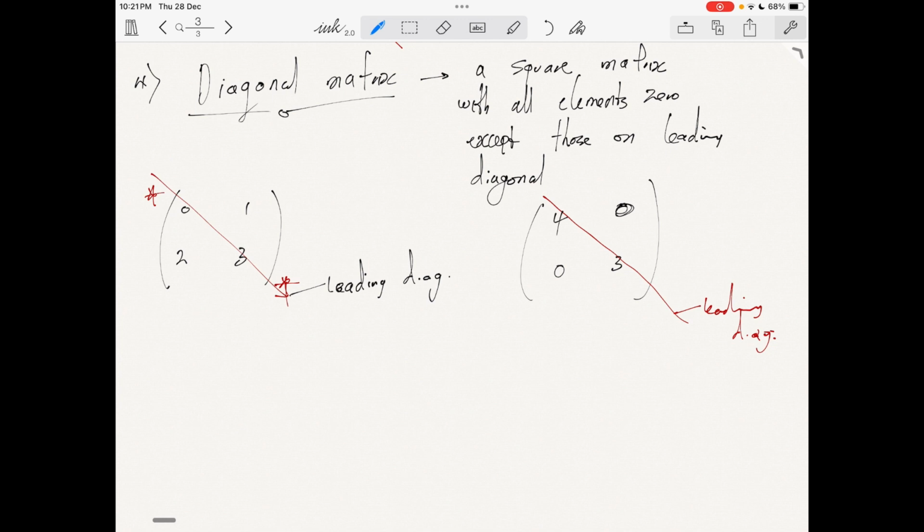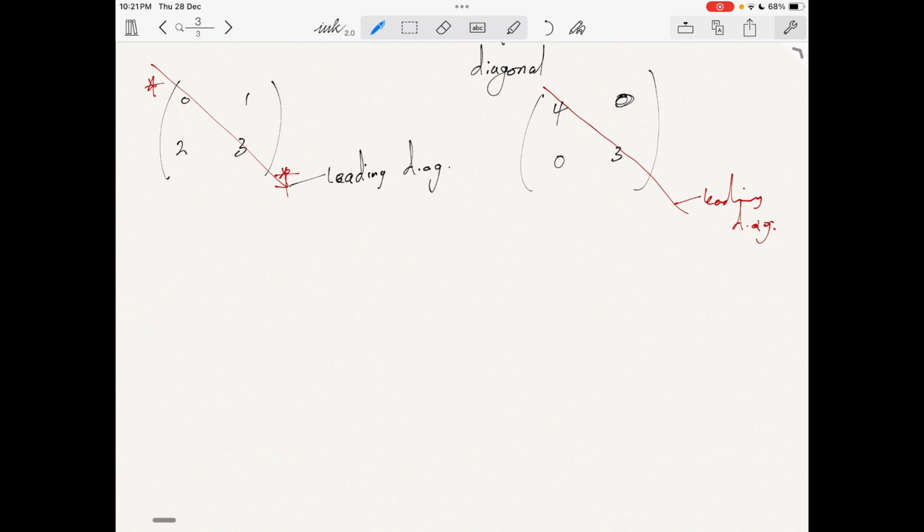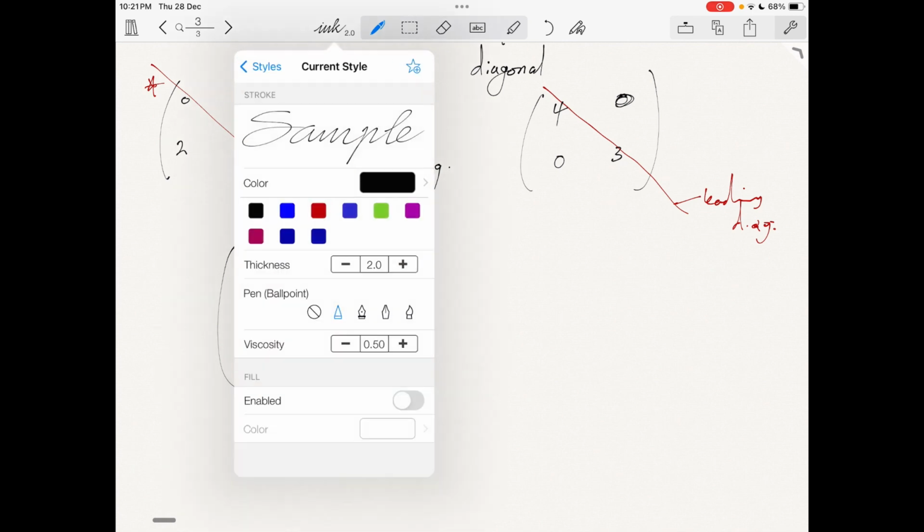So we can also have a leading diagonal in a 3 by 3 matrix, let's say 1, 0, 0, 0, 2, 0, and 0, 0, 3. Now if we look at the elements of this matrix, we realize that all the elements except those on the leading diagonal are 0.